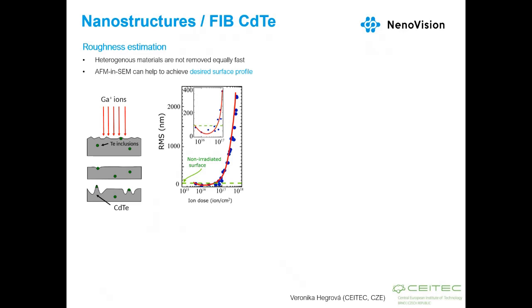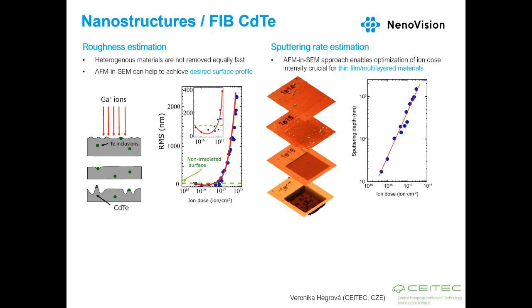The reason is that the telluride inclusions are heavily affecting the heterogeneous sputtering of the cadmium, which induces the high surface roughness. So as we have this function, we can estimate the minimum, optimal conditions. And also, during the same analysis, I can always measure the depth after the sputtering, and very nicely and precisely measure the sputtering rate.